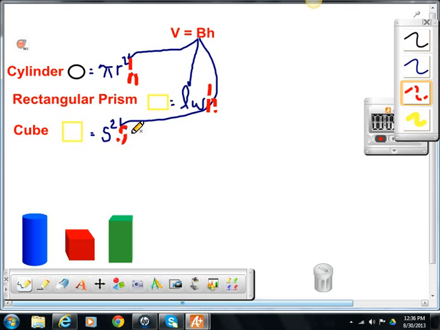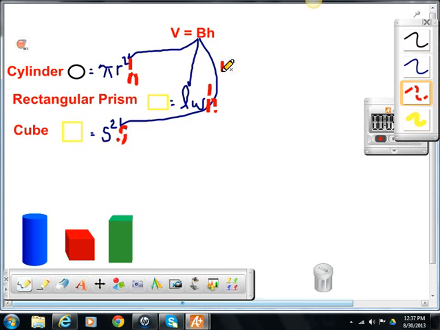In fact, most books want to call all of these sides e. So let's see if we can get these formulas real quick, the way that they look in most books.